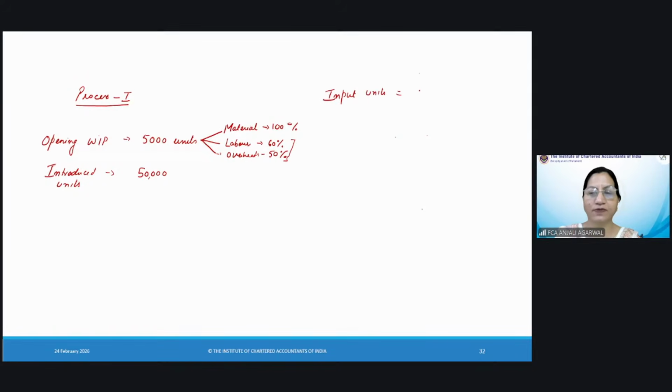Total 55,000. Why 55,000? 5,000 opening WIP and 50,000 introduced. Now what happens is we expect a normal loss in the process. Let's say 10%. We know how many units transfer to next process. Maybe this is given.